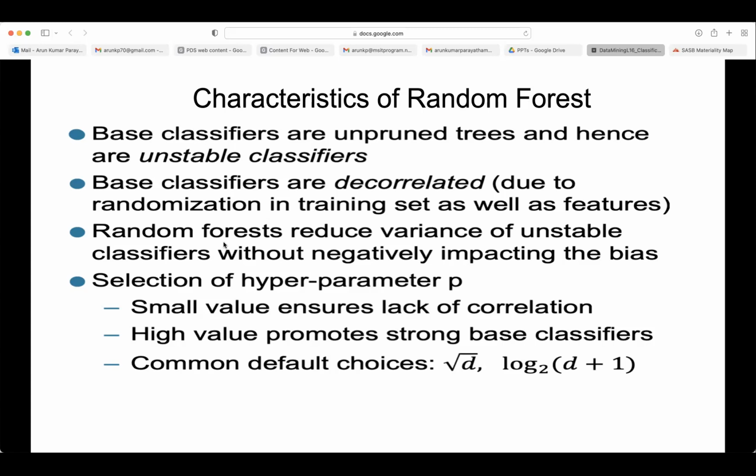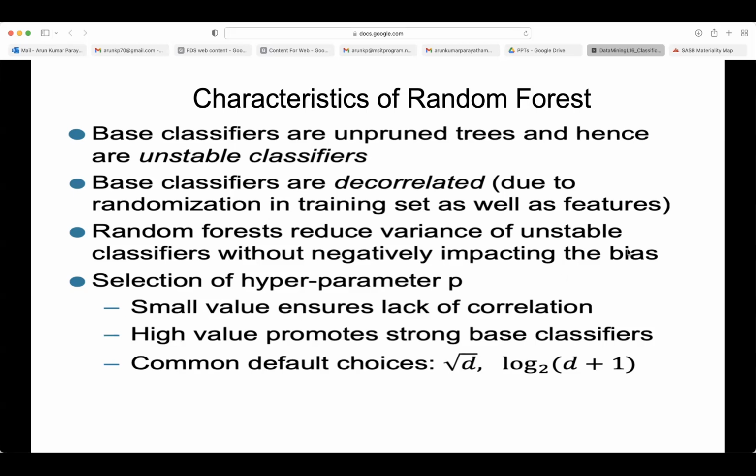Random forests reduce variance of unstable classifiers without negatively impacting the bias. Bias means underfitting. If you cannot get a good decision from one base classifier, other classifiers help. Yesterday we saw that if you have 25 base classifiers, even though each individually makes 0.35 error, when you take a vote the error comes down to 0.06, meaning 94% accuracy.